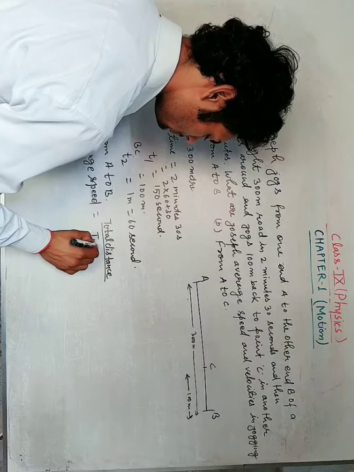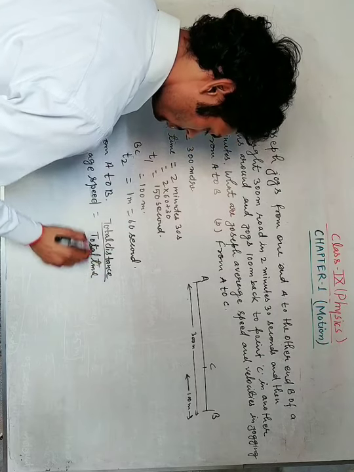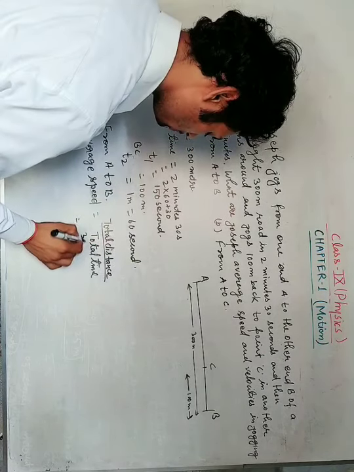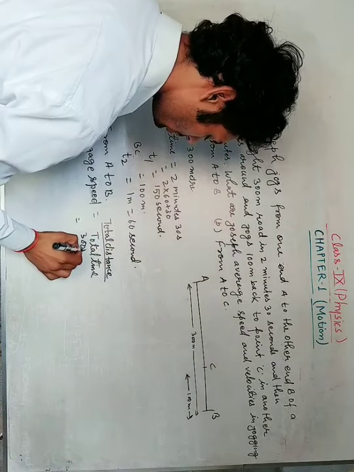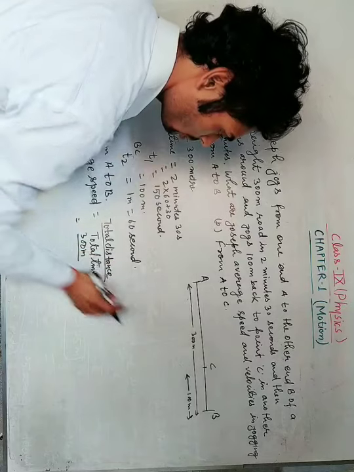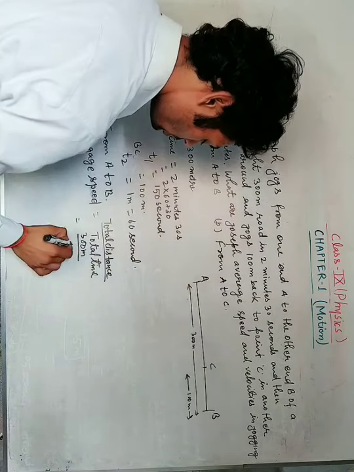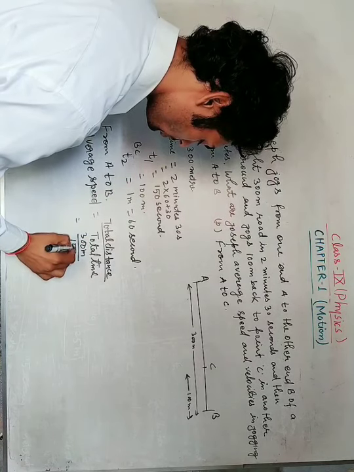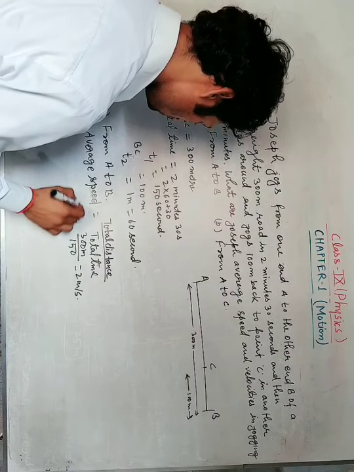Total distance equal 300 meter, by total time 150 seconds. It becomes 2 meter per second average speed.